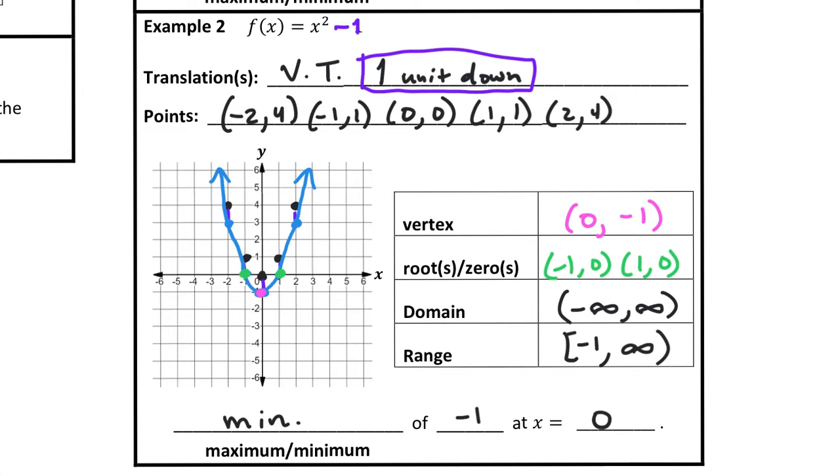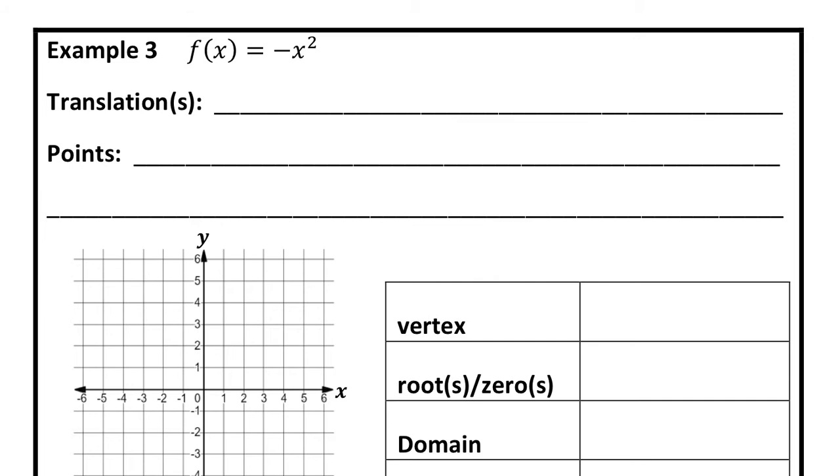Okay. So now let's go to example 3. Again, for the points, it's -2, 4, -1, 1, 0, 0, 1, 1, and 2, 4.